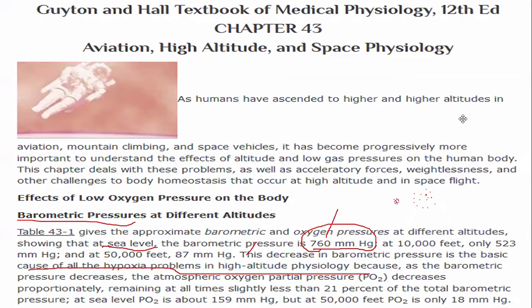As you go up, the atmospheric oxygen partial pressure remains at all times slightly less than 21% of the total barometric pressure. At sea level, it's about 159. You don't have to memorize the figures; I just want to show you the trend. But please remember this one, the 760. The barometric pressure is 760 at normal.